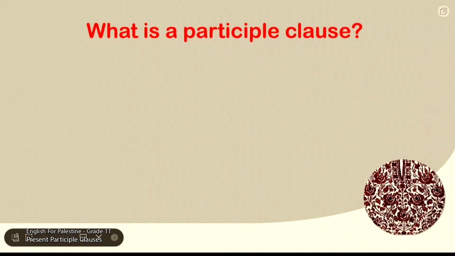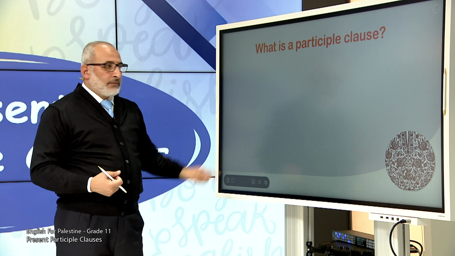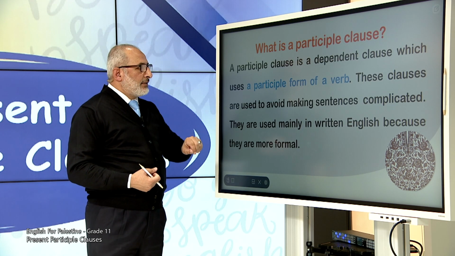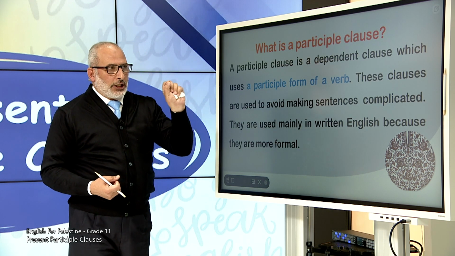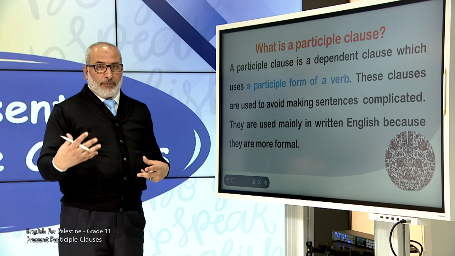Let's see. What is a participle clause? A participle clause is a dependent clause which uses a participle form of a verb. Now, these clauses are used to avoid making sentences complicated. They are used mainly in written English because they are more formal.